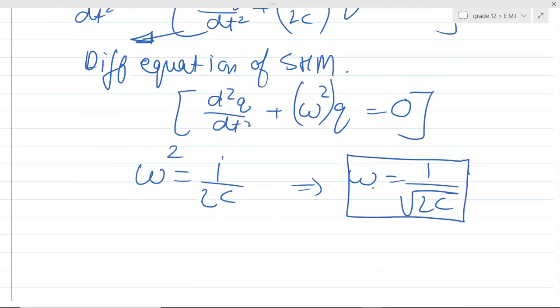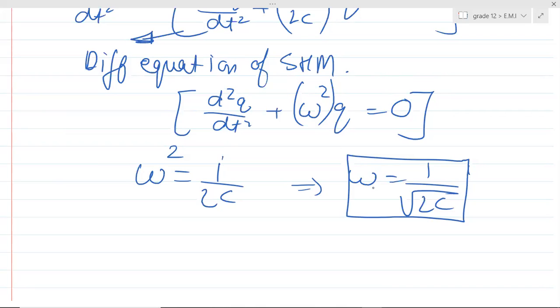Write it down. But is this for resonance, right? No, AC circuit is not there yet. Everything is happening in DC only, and here there is no supply. Here we just had a charged capacitor connected across an inductor. No battery involved anywhere.